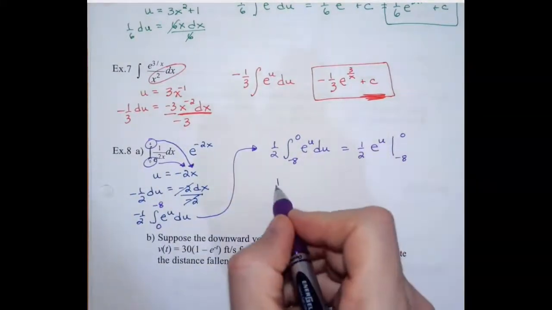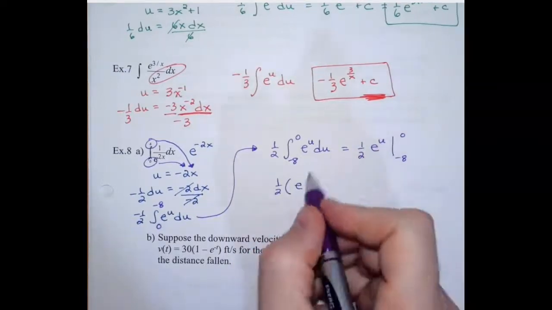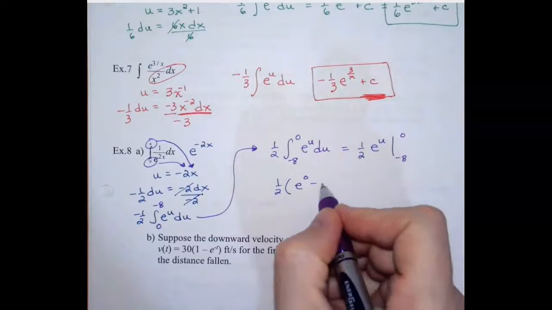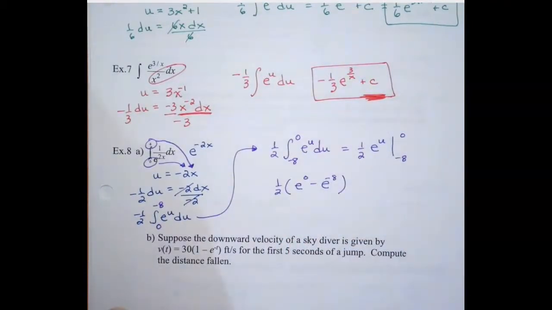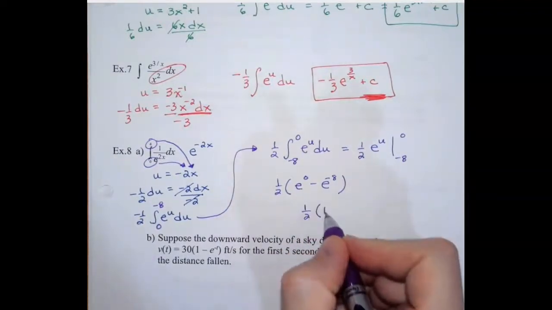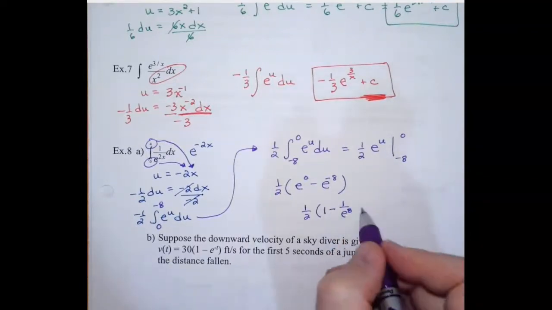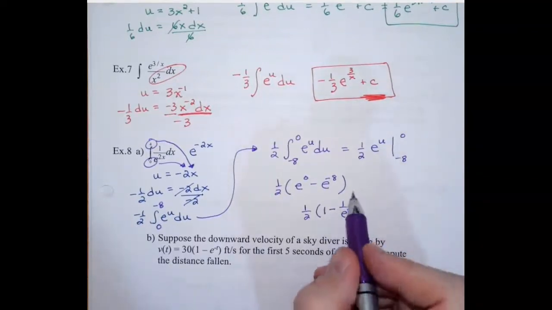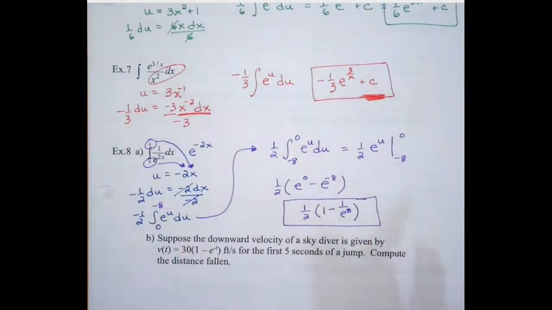Okay, so I'm going to factor the 1/2 out, and then we're going to have e to the 0 minus e to the negative 8. Okay, and then probably should clean that up just a little bit and change that to a 1, and maybe 1 over e to the 8th, which is pretty insignificant, but we'll leave it anyway.